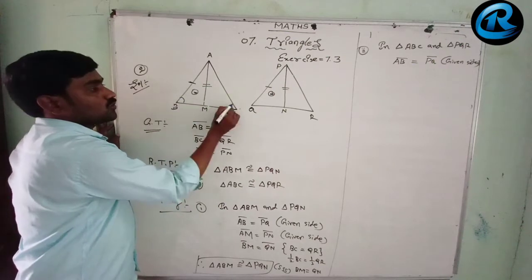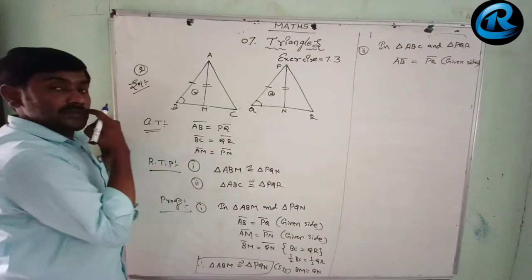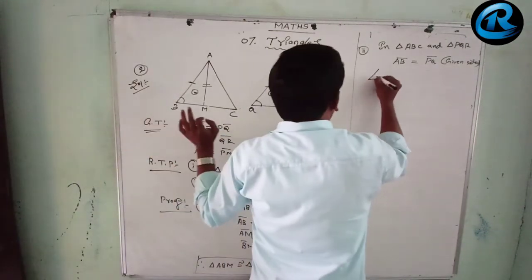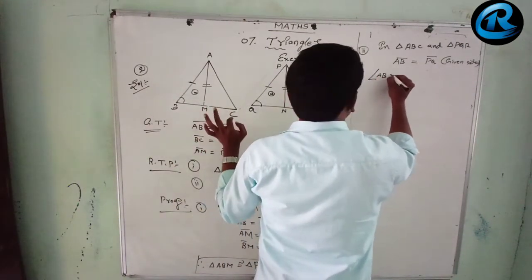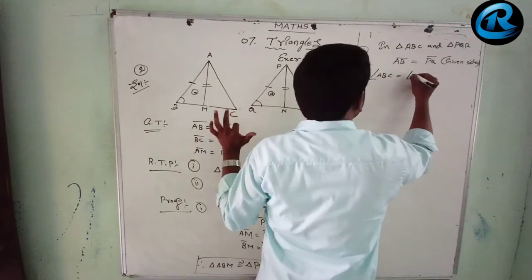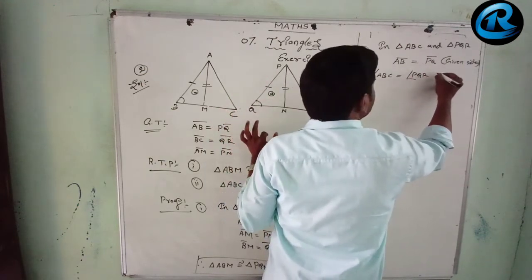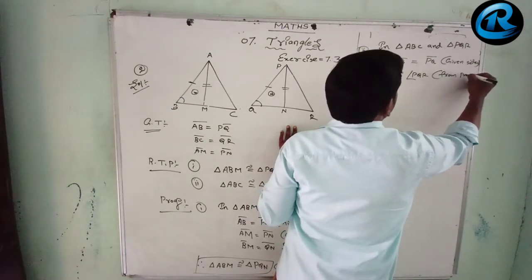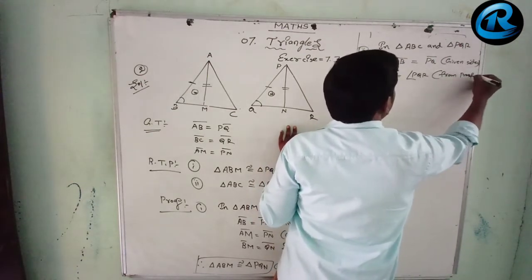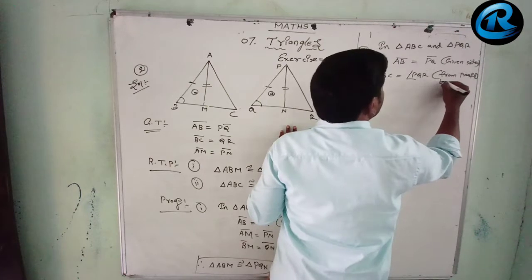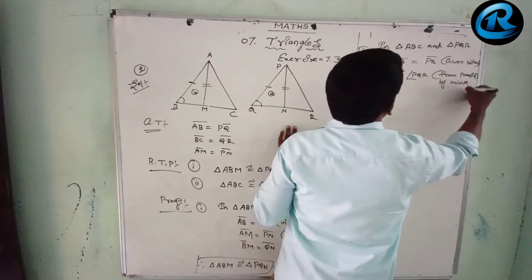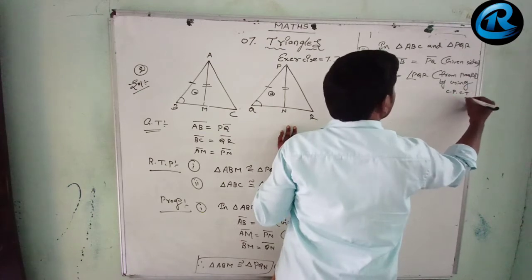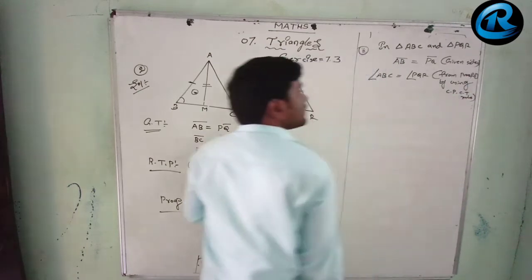So these two angles will be equal by the CPCT rule. So I can write now angle ABC is equal to angle PQR from proof number 1 by using the CPCT rule.